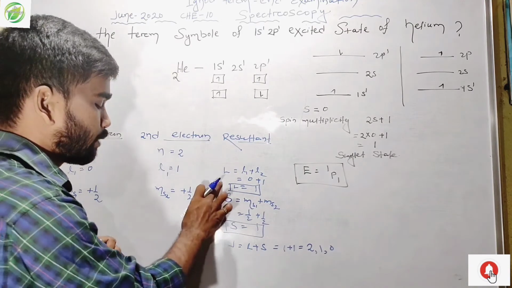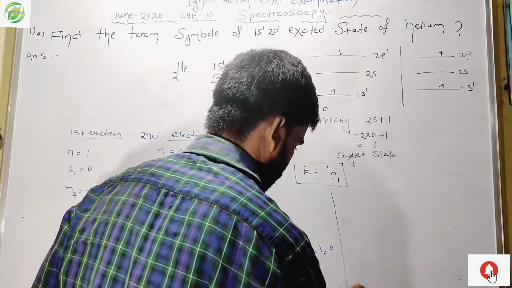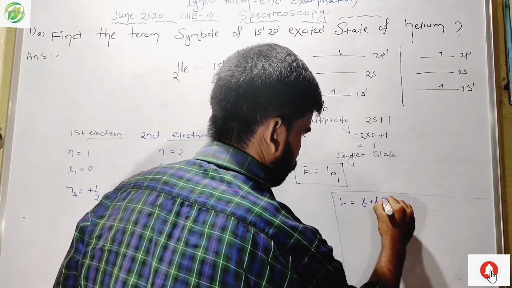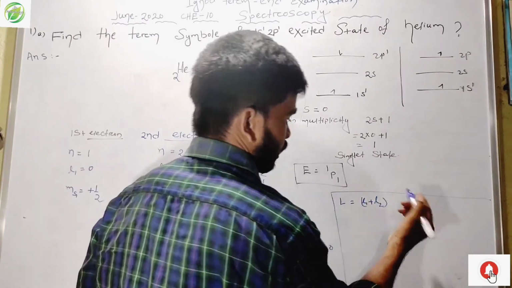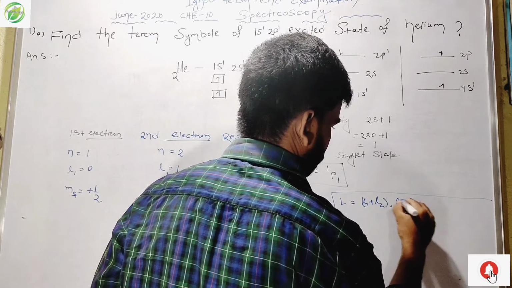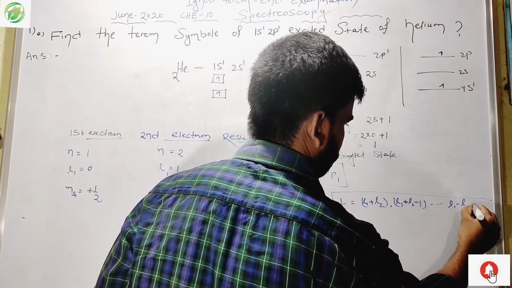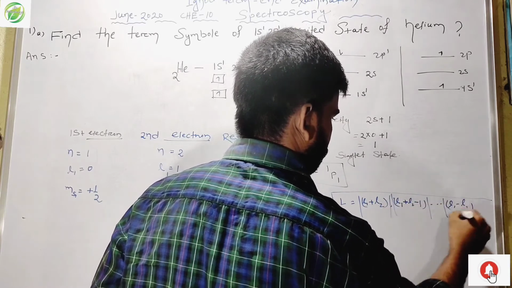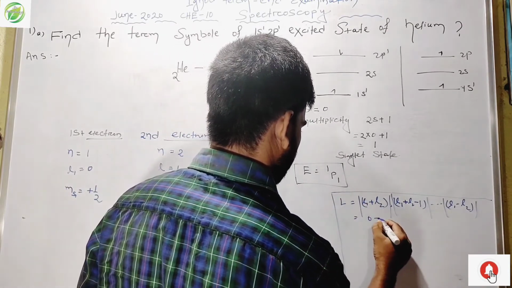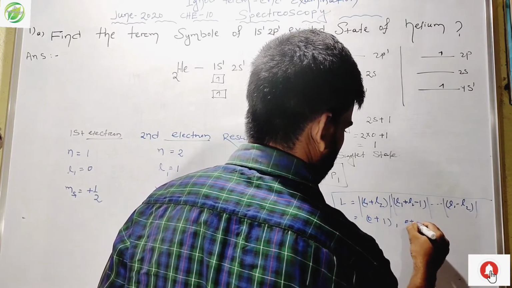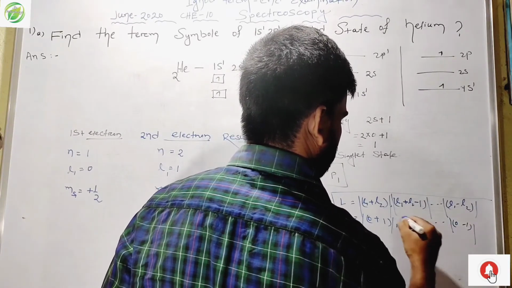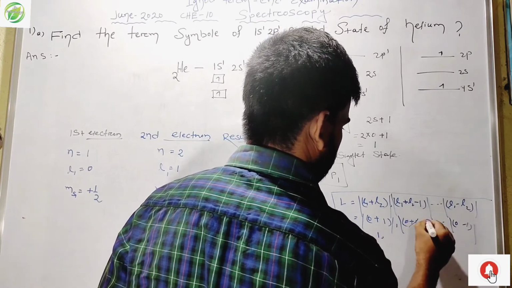We can calculate this L value and J value in another way. We use the direct formula to find the L value: L1 plus L2, which is 0 plus 1, 0 plus 1 minus 1, 0 minus 1. That is 1, and the rest cancels to 0.